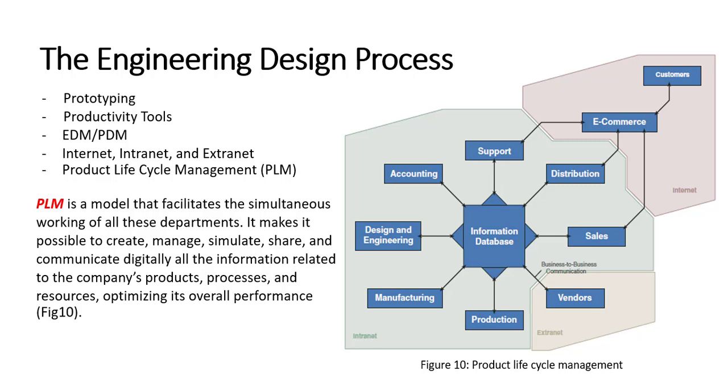PLM is a model that facilitates the seamless working of all these departments. It makes it possible to create, manage, simulate, share, and communicate digitally all the information related to the company's products, processes, and resources, optimizing its overall performance, like Figure 10.